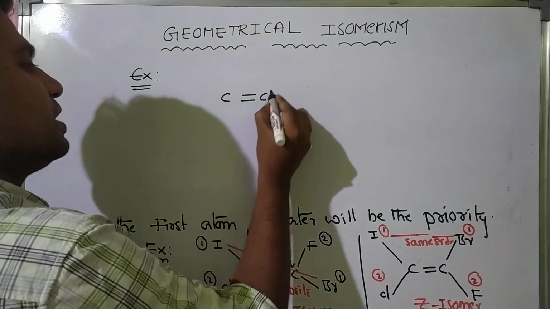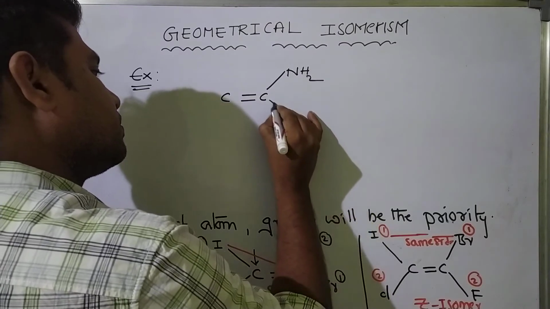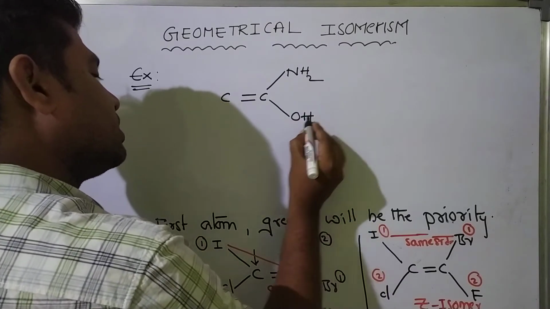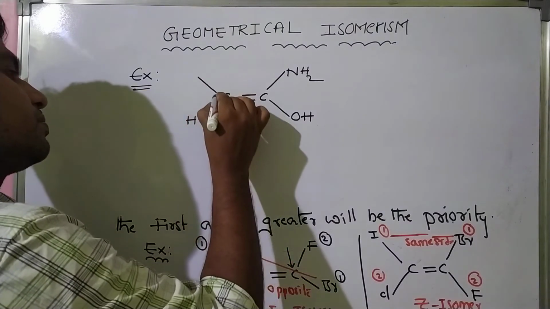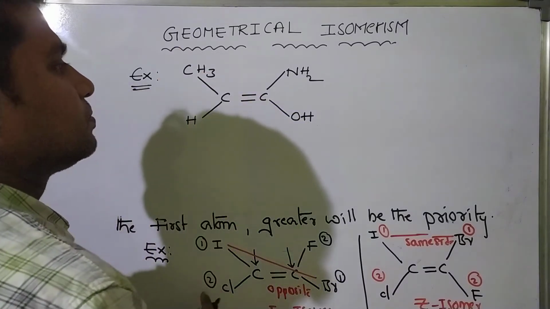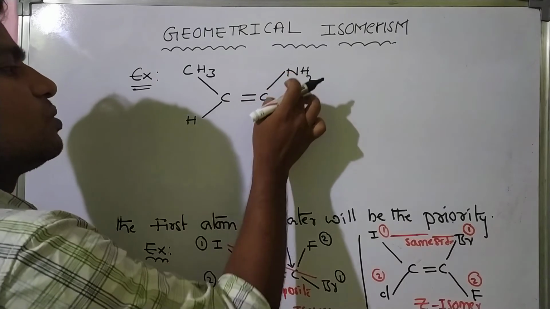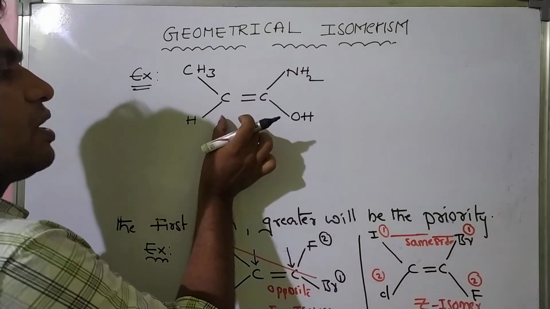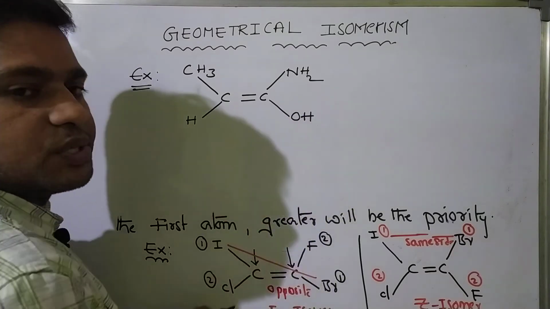C double bond C. This is amino group. This is hydroxy group. This is hydrogen atom. So this is methyl group. First of all, these two groups are different. These two groups are also different. Here also cis-trans isomerism notation does not work.